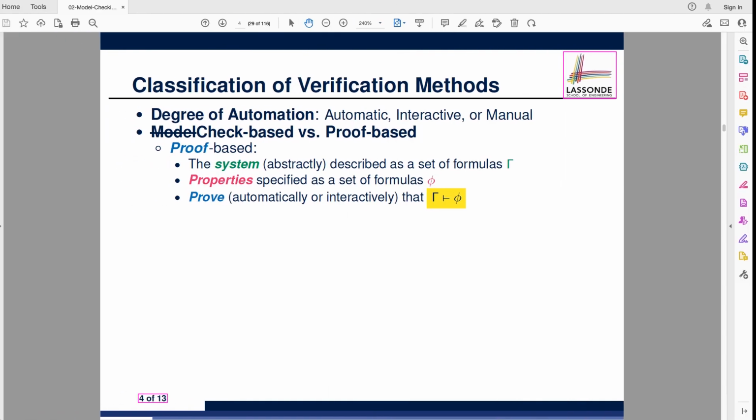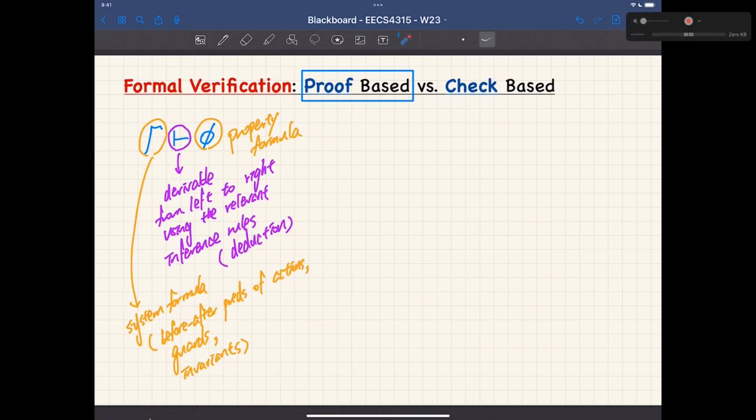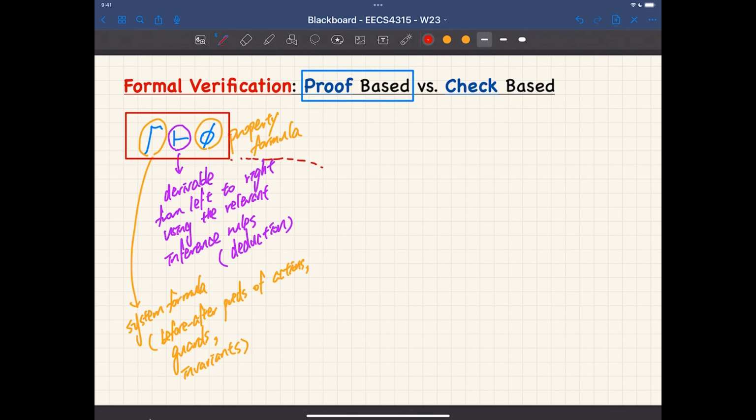Let me go back to the slides. And one thing that's very important, in theory, very quickly. If you talk about this particular thing, it's important to know this is an undecidable problem.